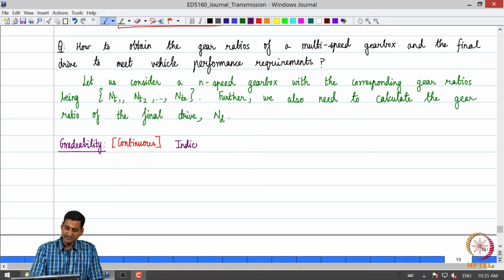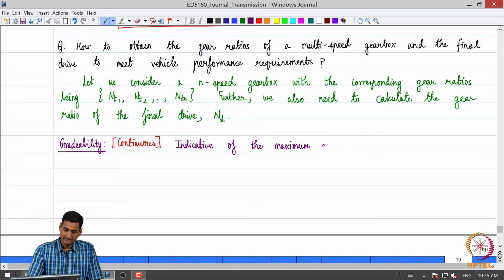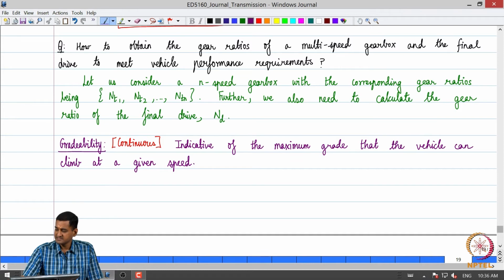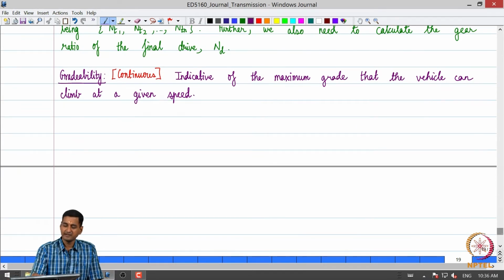Gradability is indicative of the maximum grade that the vehicle can climb at a given speed. So that is the notion of gradability.